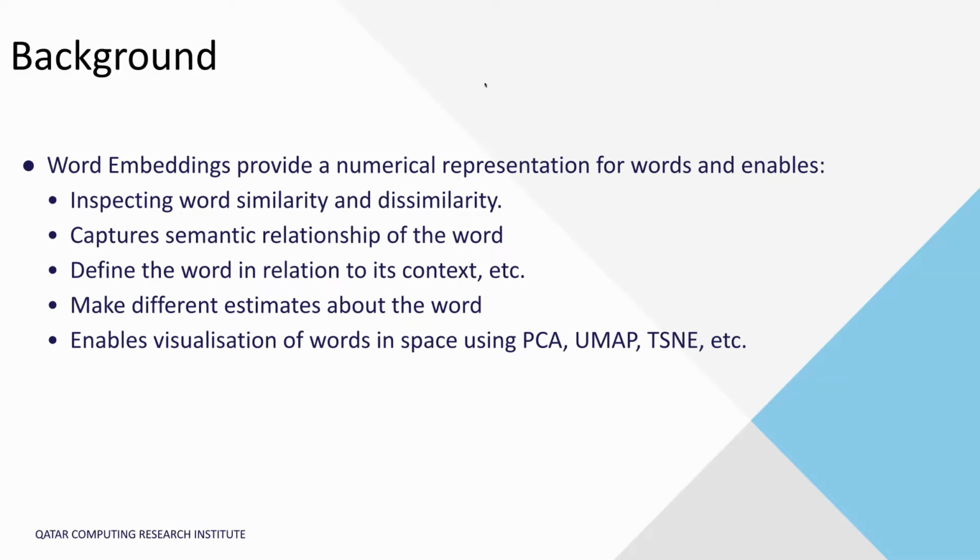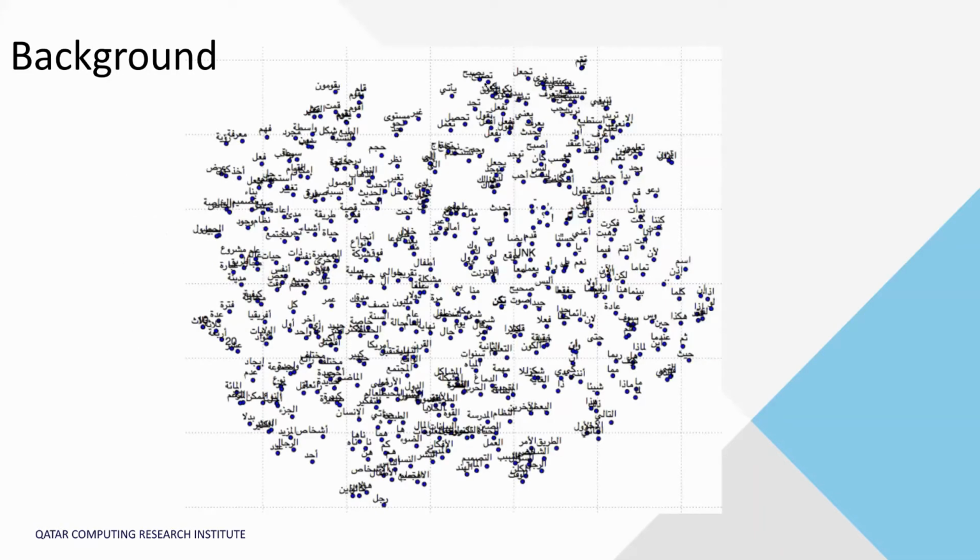If we take this representation, which is in n dimensions, and do some dimensionality reduction, we can visualize them using methods like PCA or UMAP or t-SNE and so forth. Here I'm giving you an example. This is just a projection for a list of word vectors using t-SNE.